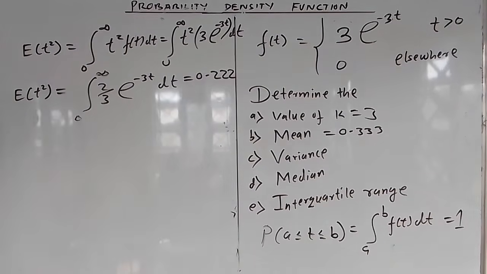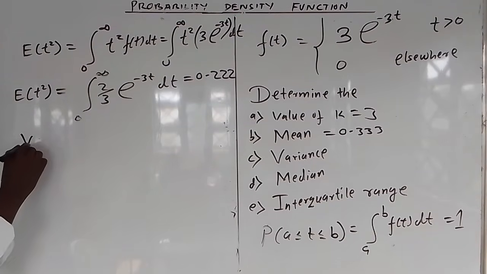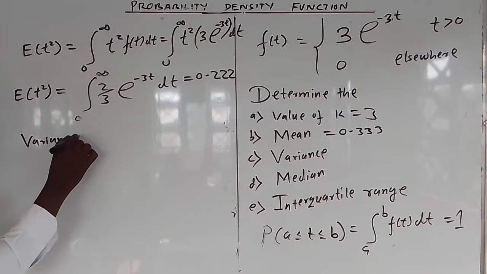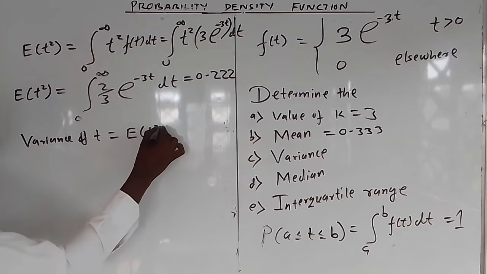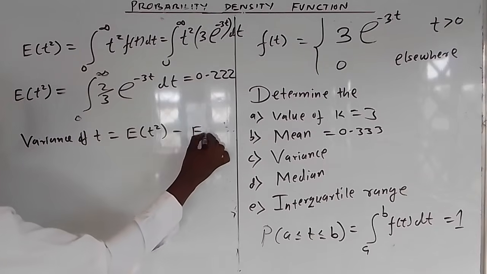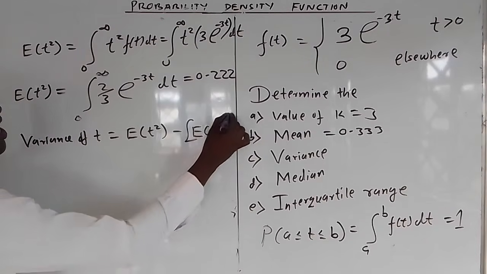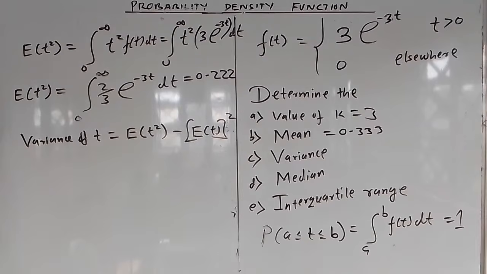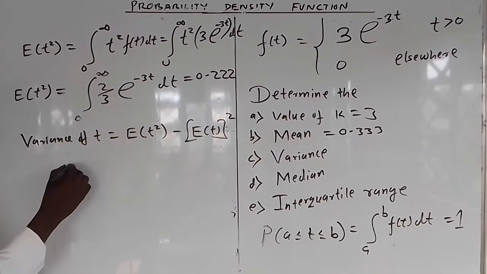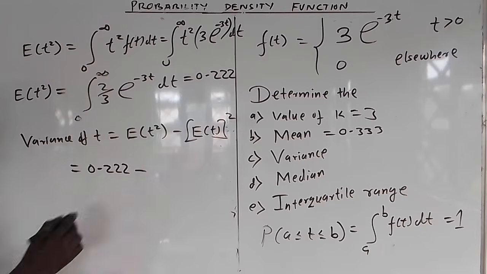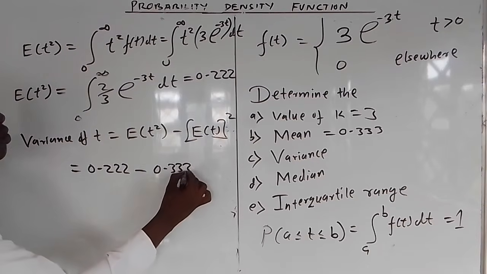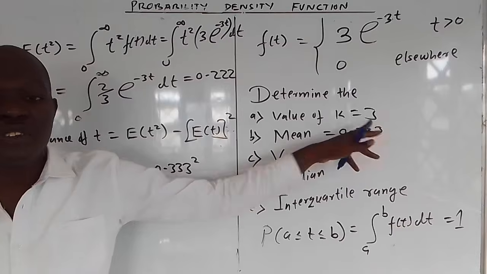Now we want the variance. So what is the variance? The variance of t is going to be the expected value of t squared minus the mean squared, isn't it? The expected value of t squared you found to be 0.222. Then it is minus the mean squared. The mean you found was 0.333, then it is squared.